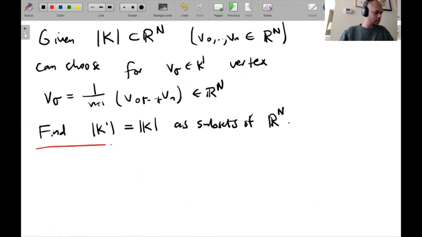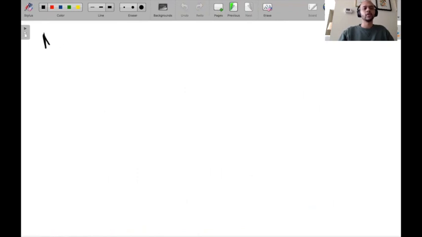So now, let me mention that subdivision can be iterated.